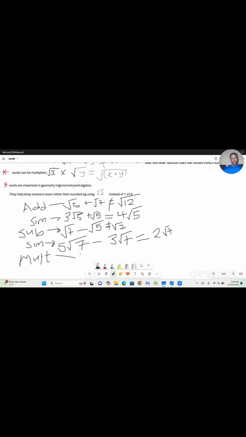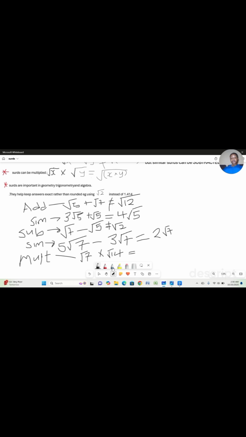That is root 7 times root 2, which gives root 14. Yes, it is correct because it is multiplication, but it is not correct for addition and subtraction.